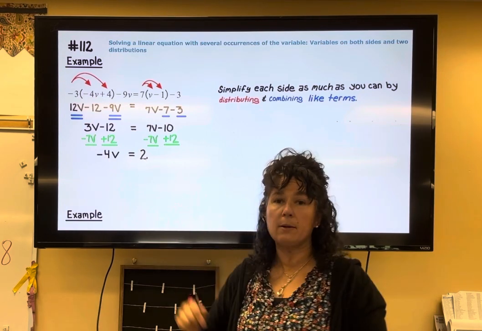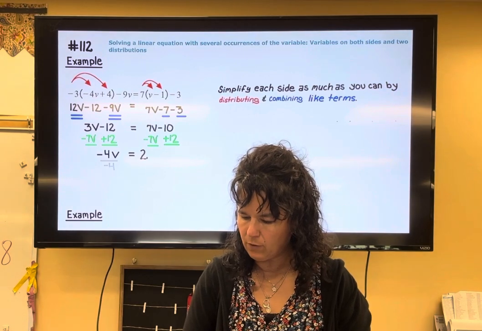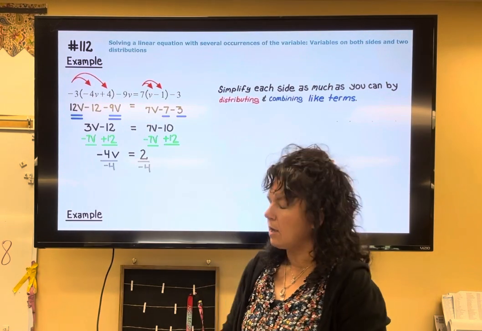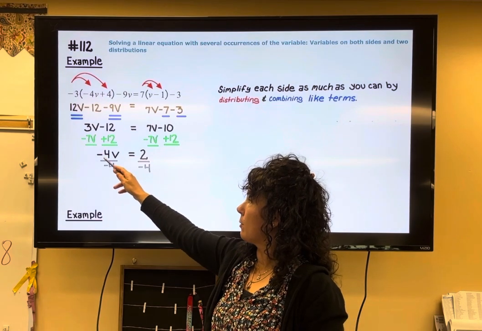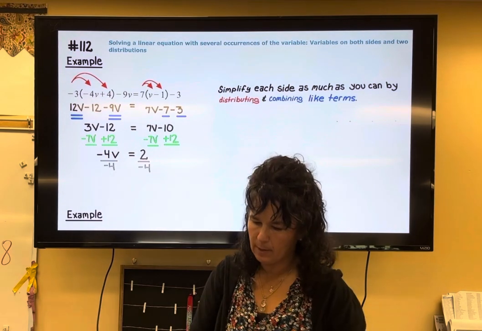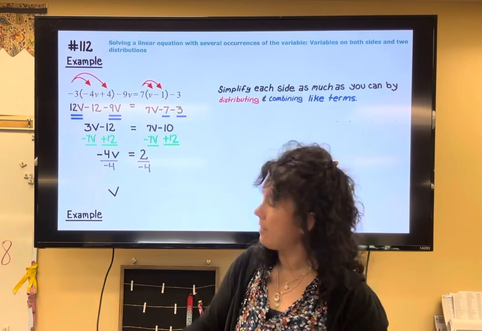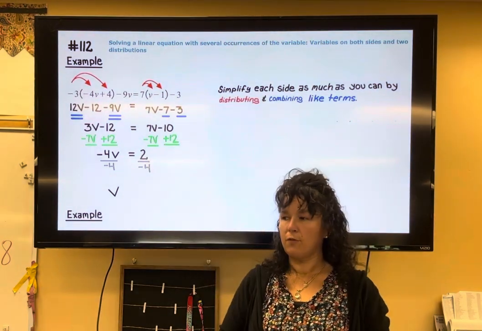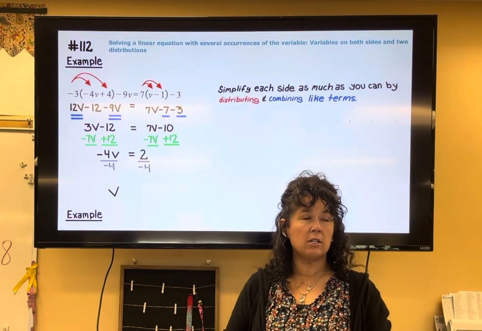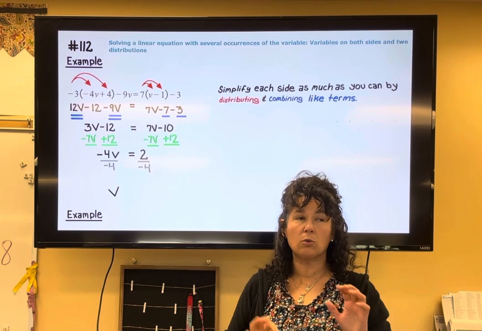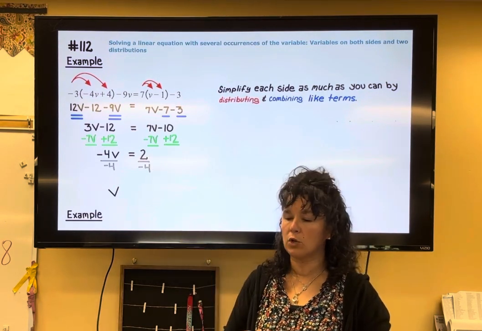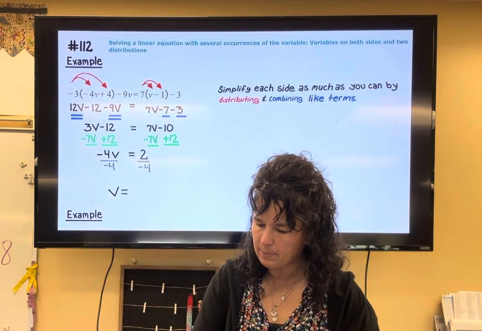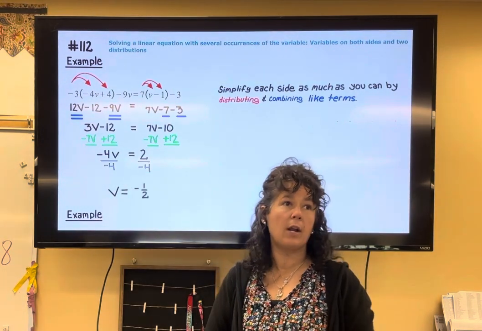So I'm going to divide both sides by -4 and then simplify. So this -4 got rid of that -4, so v is by itself. And then 2 over -4 is a fraction. The top is smaller, so we just want to simplify. 2 fits into 2 once, 2 fits into 4 twice, so that ends up giving me -1/2.